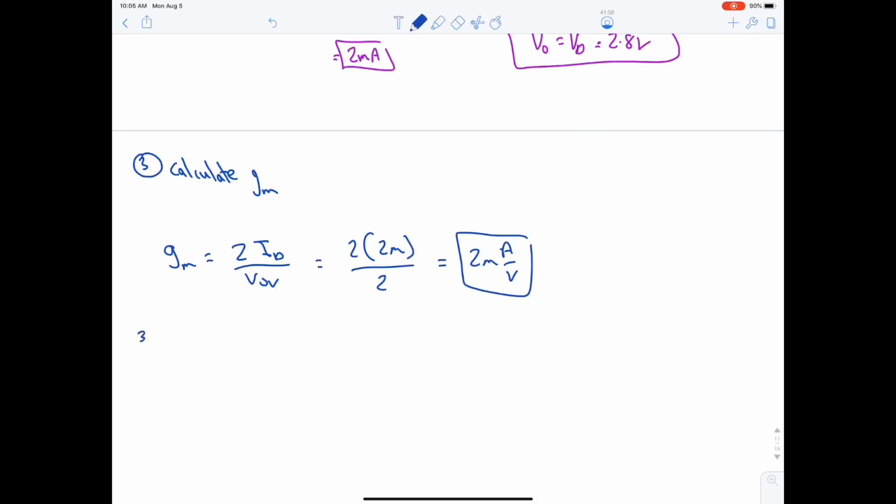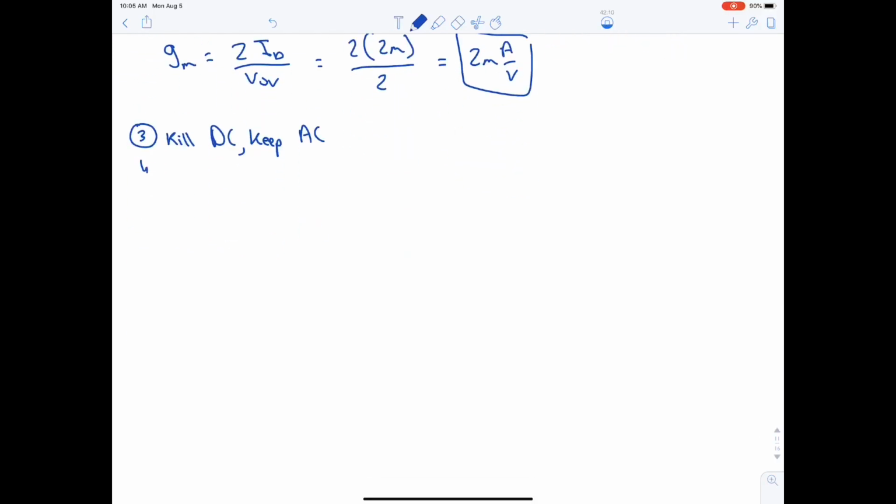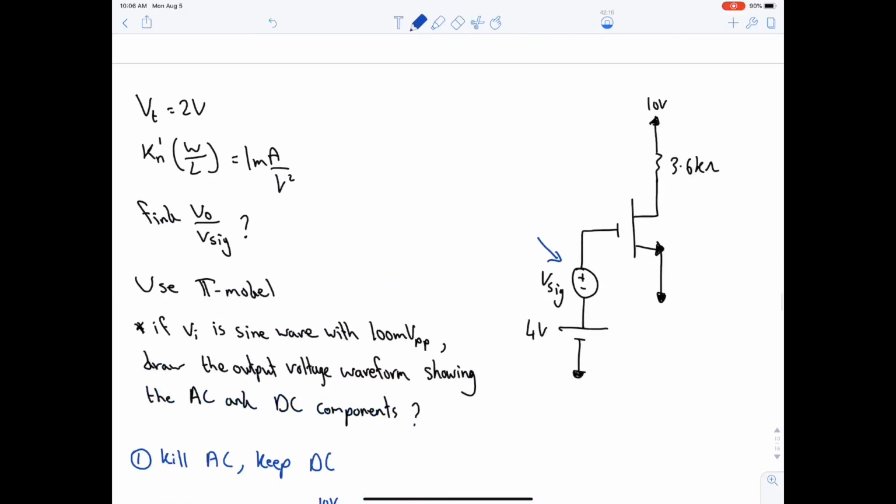Third step, kill DC, keep AC. Okay. And the fourth step, replace. So how will the circuit look after killing DC? We have to kill this and keep the AC.